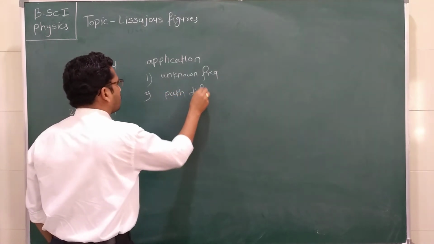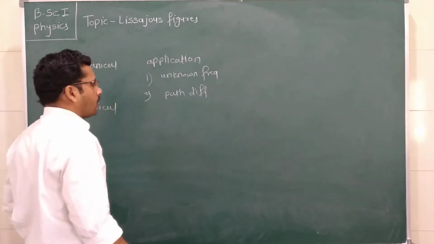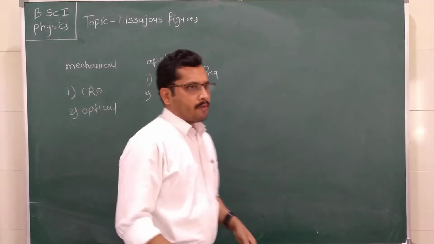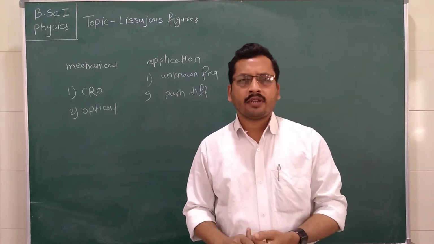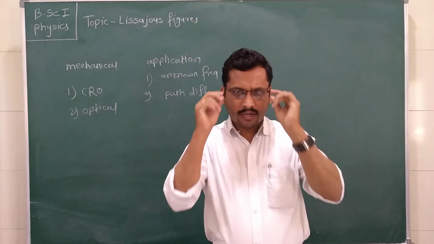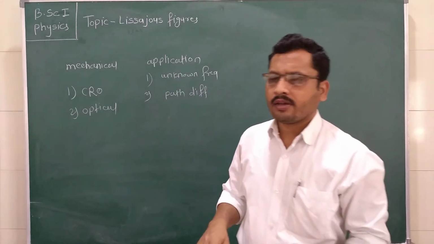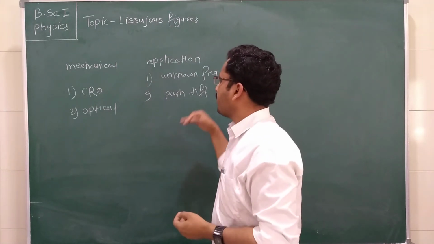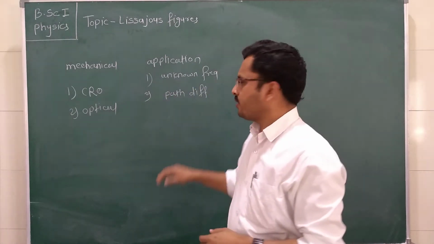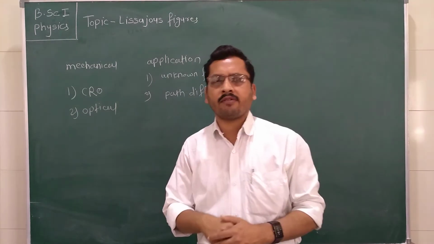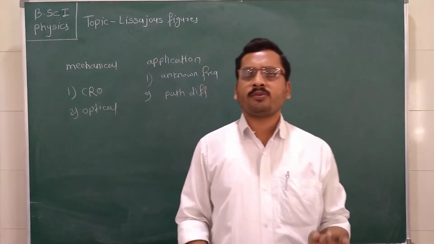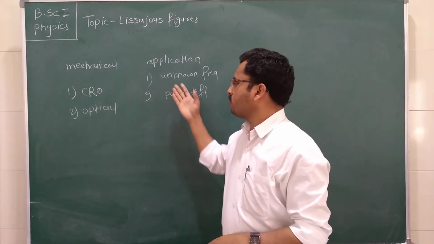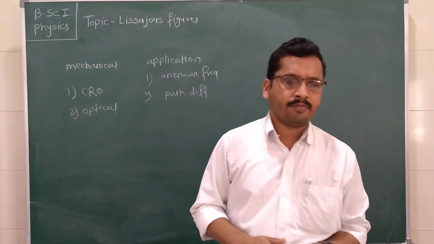By using this Lissajous figure, we can find out the unknown frequency and the phase difference of the given two simple harmonic motions. If we know one frequency, then we can calculate the other frequency, or if we know one phase difference, then we can calculate the other. In this way, by using the Lissajous figure, we can find out the unknown frequency and the phase difference.